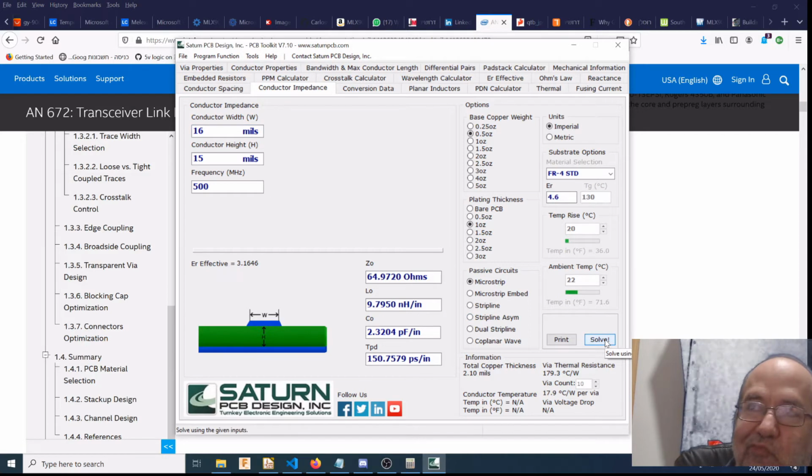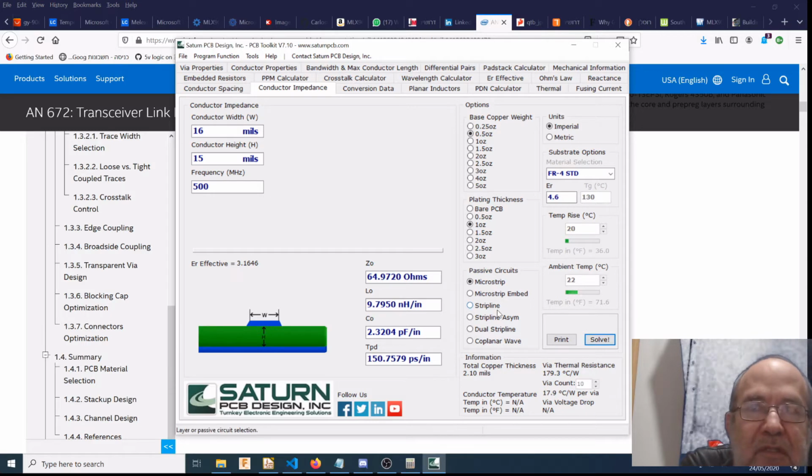Okay, it's still difficult to do even on a thinner PCB, but one can see that it's possible. You can possibly get a 50 ohm line using a thinner PCB.